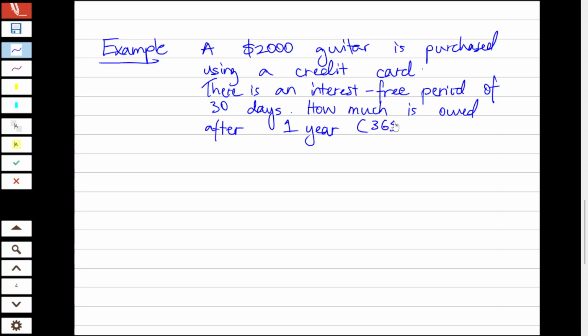So this is 365 days. If the interest rate on the card is 18%.